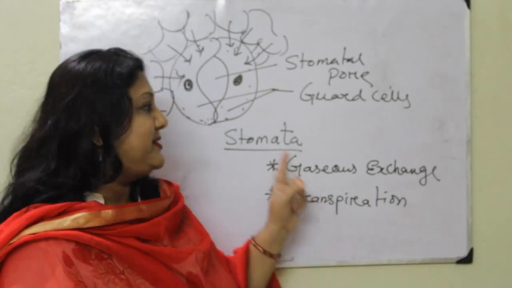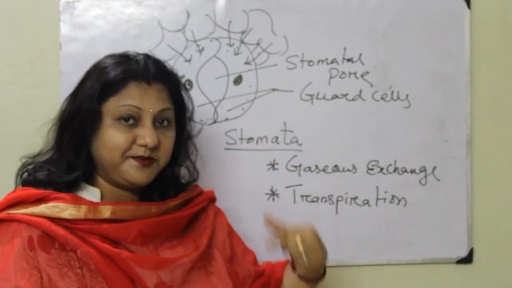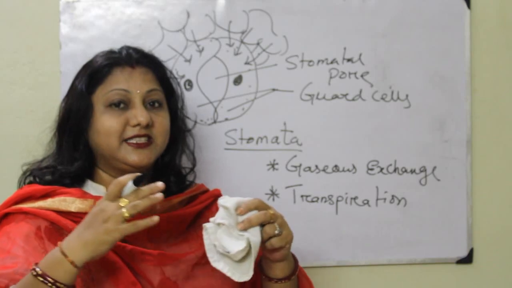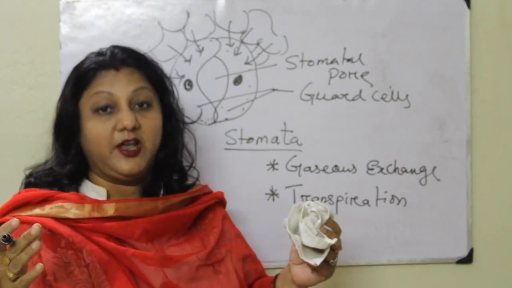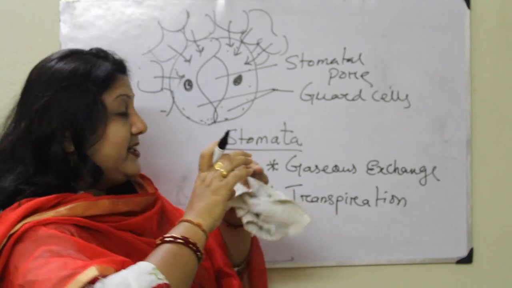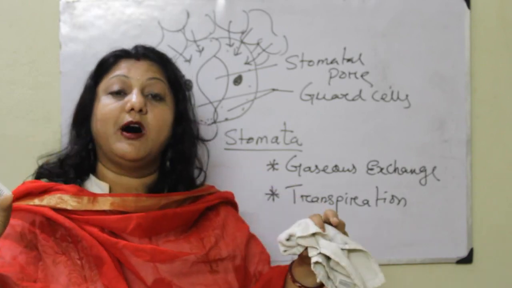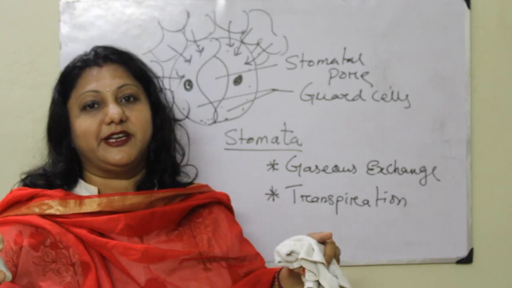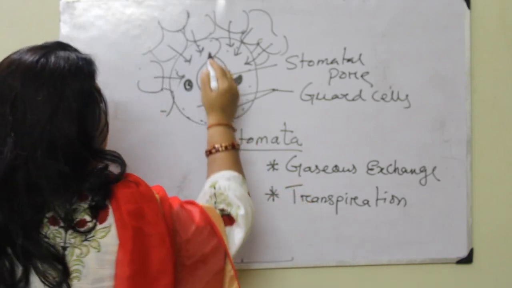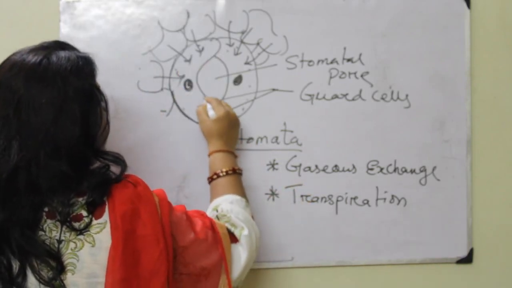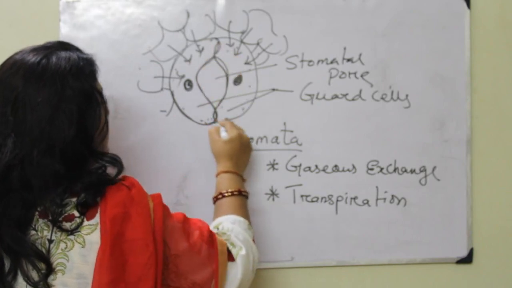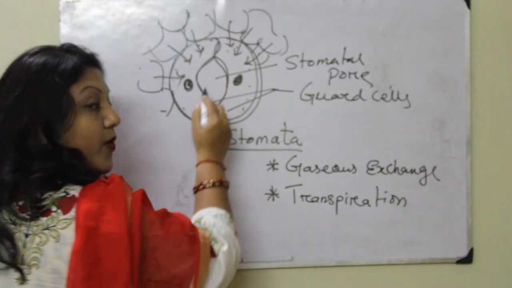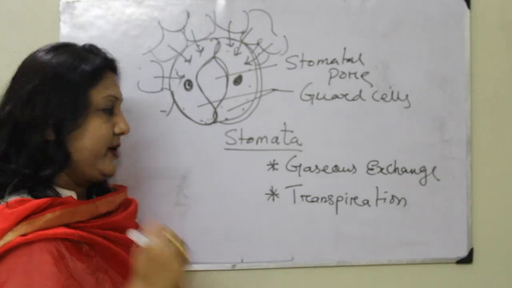So the same thing happens here. The guard cell receives water, so slowly it starts swelling up. When it starts swelling up, the two guard cells move apart from each other and they open the stomatal pore. So when the guard cells are in a bulged condition, they open the stomatal pore.